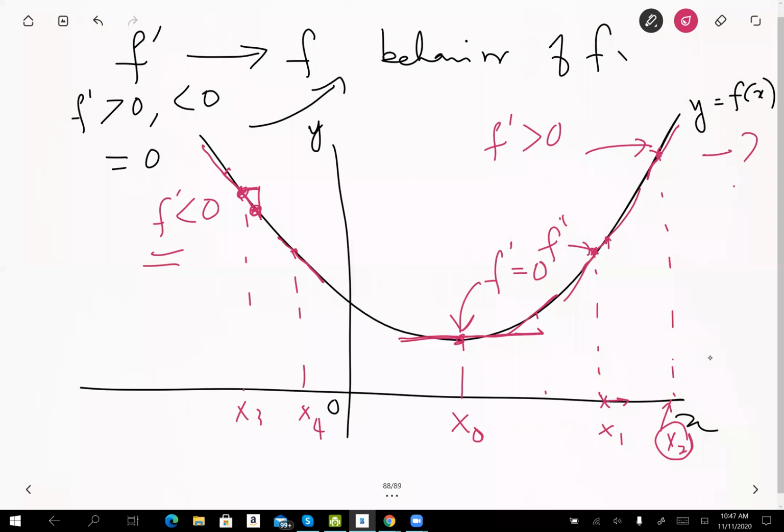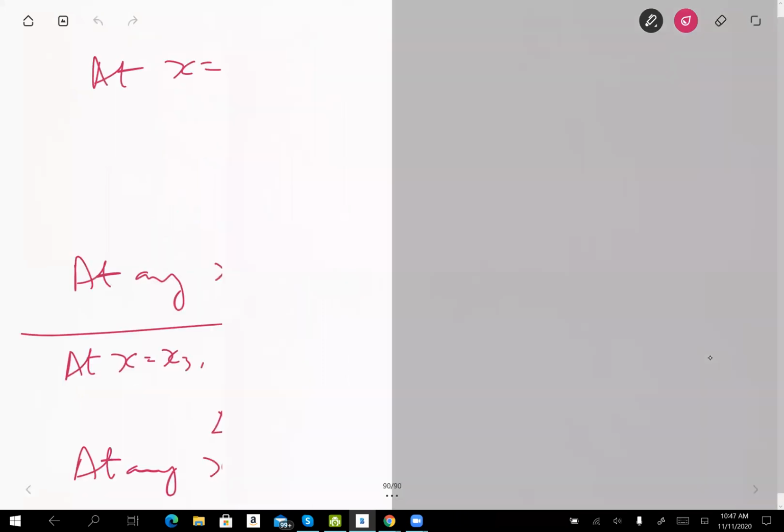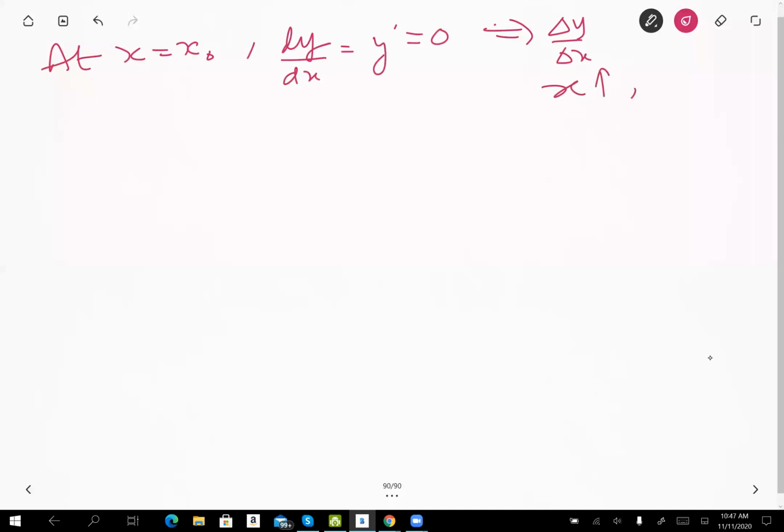So the third characteristic relationship is at x equal to x0, where dy/dx equals y prime equals 0. Now think of it as delta y over delta x. For an increase in x by a small amount, what about y?